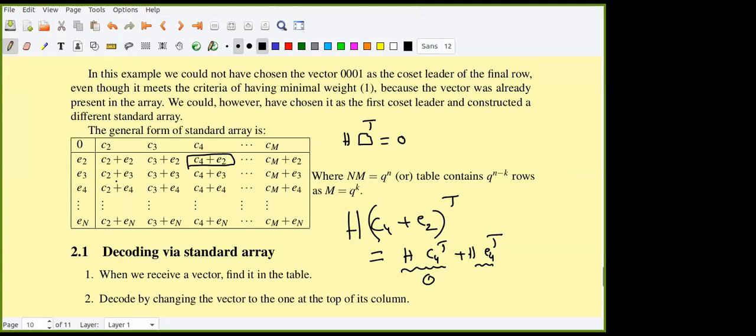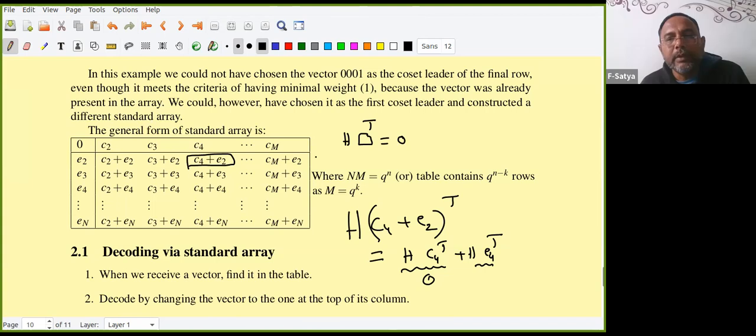If I multiply any of them by transpose, that is nothing but h into this first vector 0 transpose only. That is anyhow 0. So if I take any of them and do that, with transpose, what do I get?